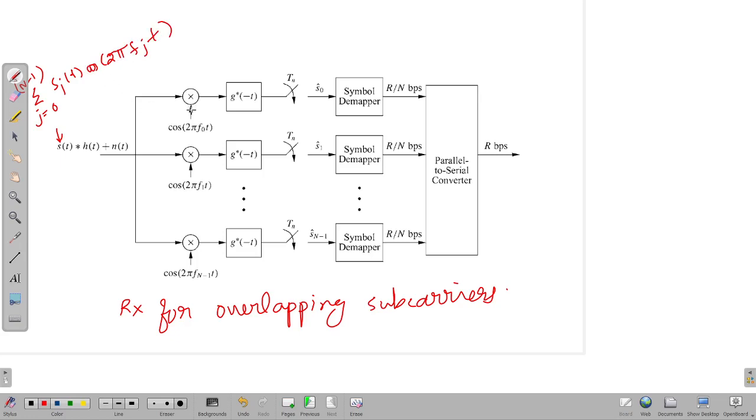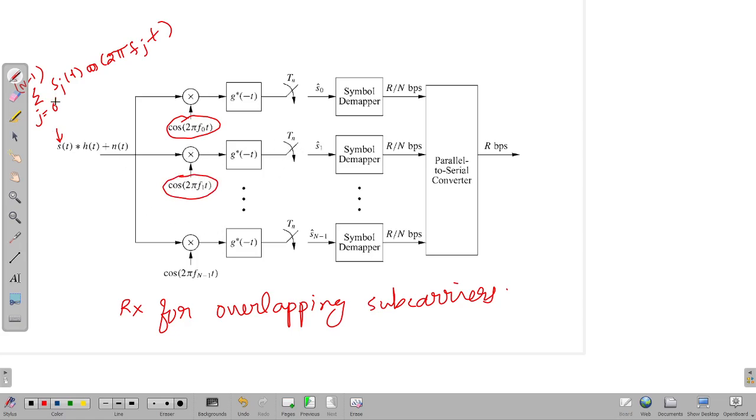When it gets multiplied by cos 2 pi f naught t, the first symbol s naught of t comes out here. So s naught cap is given because it is an estimate. S naught cap is the estimate of the symbol s naught, and when it gets multiplied by this frequency cos 2 pi f1 t, the symbol s1 comes out.